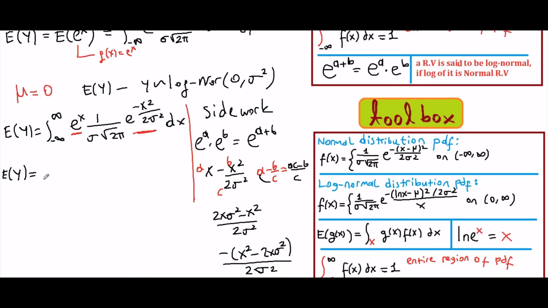So expectation of y turns into the integral from negative infinity to positive infinity, 1 over sigma times square root of 2 pi, e to the negative x squared minus 2x sigma squared over 2 sigma squared.